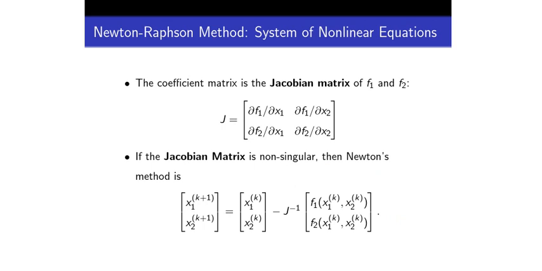If I denote this as the coefficient of h1 comma h2, then I can write h1 h2 equals minus f1 f2 at x1 x2. This is the Jacobian times the vector h1 h2, so this is the coefficient matrix of h1 and h2, and that equals minus the vector f1 f2.